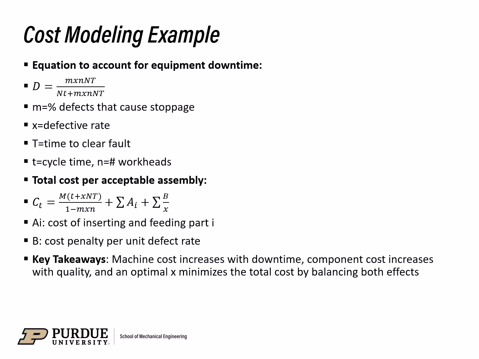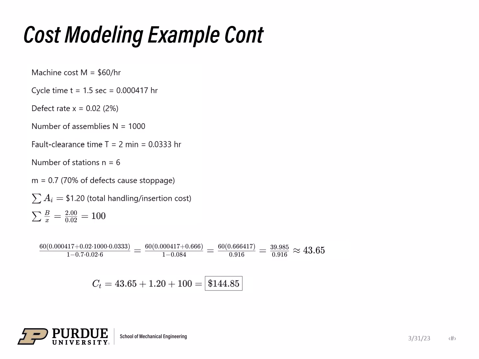Okay, so let's look at a live example. Let's assume that your machine cost is $60 per hour. Your cycle time is 1.5 seconds, which is 0.00417 hours when you do the conversion.